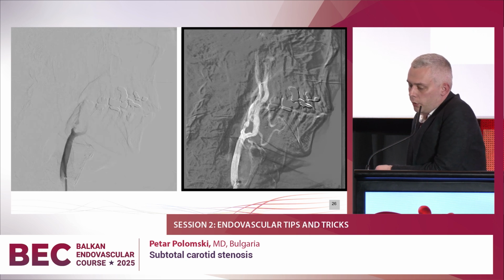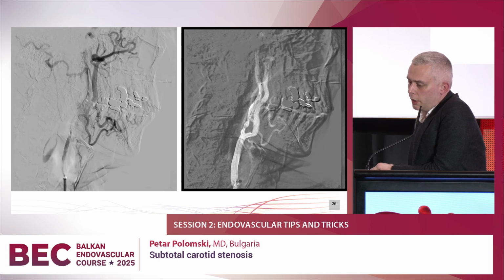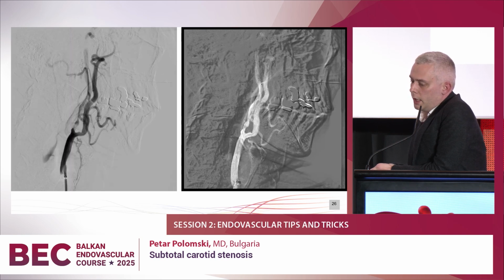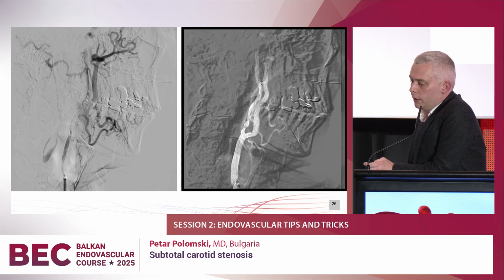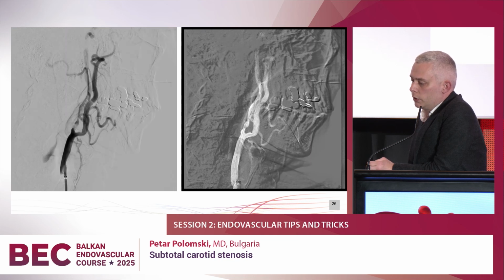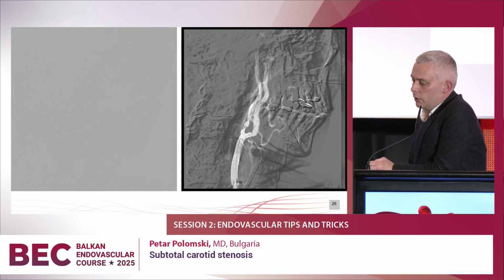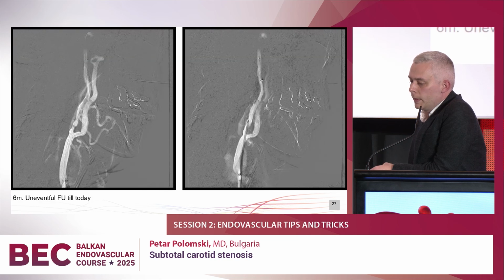We performed the procedure with a Fielder XTR coronary wire crossing the lesion, then pre-dilation with very low profile coronary balloons starting from 1.25 up to 3 millimeters, then placing the distal protection, a SpiderFX, as you can see on the right, making dilation with a 5 millimeter balloon, and after that implanting an Xact stent, 9 by 7 by 30.